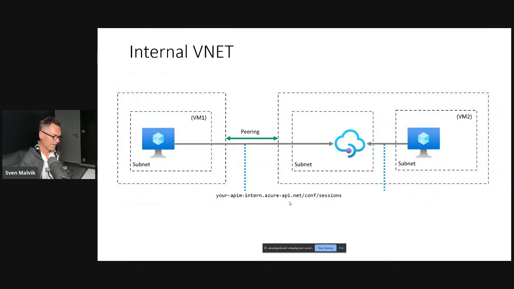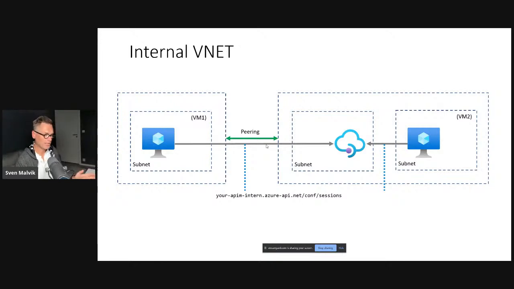So in this case, I have internal VNet, and that's how. So this is a basic drawing here, just to understand it. I have my Azure API Management here in a separate subnet, and I can only use the private IP address, basically, nothing more.